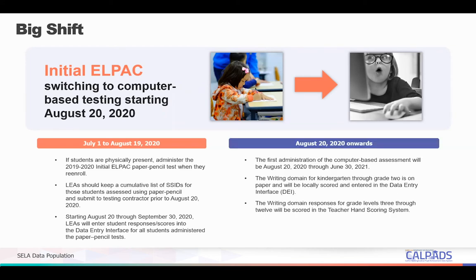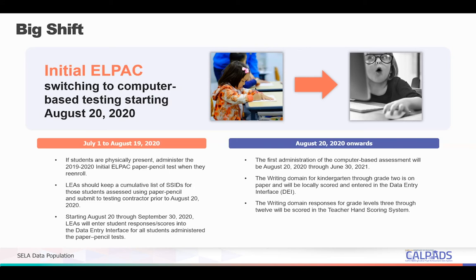For students tested on August 20 onwards, they must take the computer-based initial ELPAC process. The reading and listening answers are scored by the test delivery system, while the speaking scores are entered into the DEI. Students grades 3 to 12 will type their writing responses into the TDS, and the scores for the writing will be entered in the THSS.